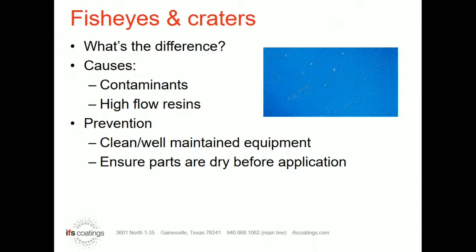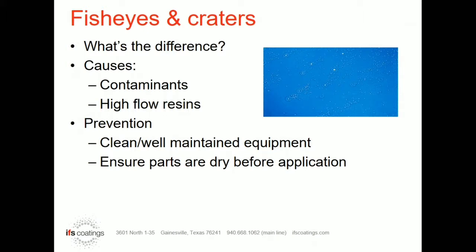Yep. So next, let's talk about fish eyes and craters. And again, very common. We see this in a lot of shops, for a lot of different reasons. My definition of a fish eye is a defect on the part where the coating has moved, whether it be a small hole or a significant size hole.